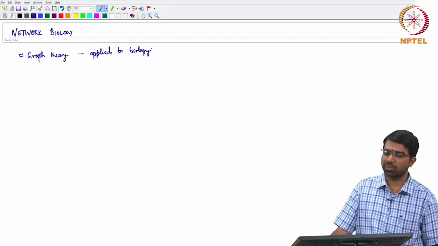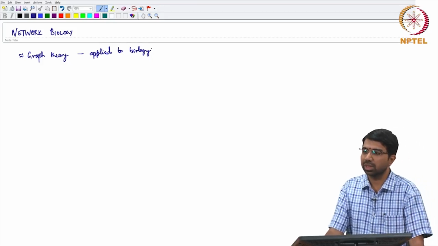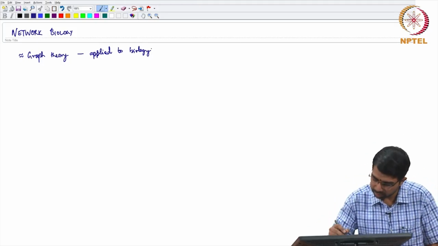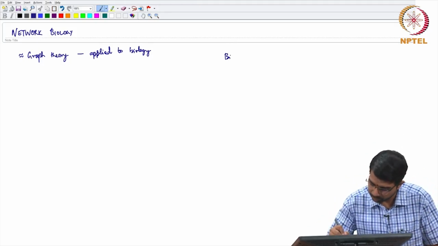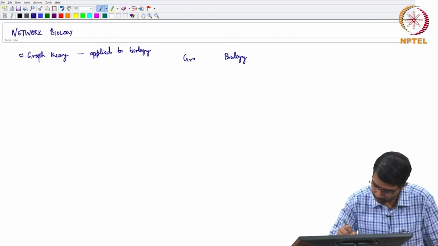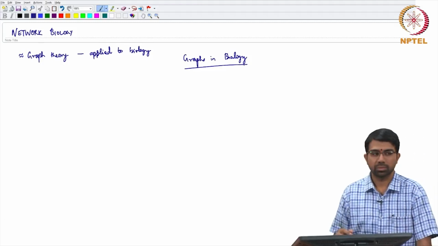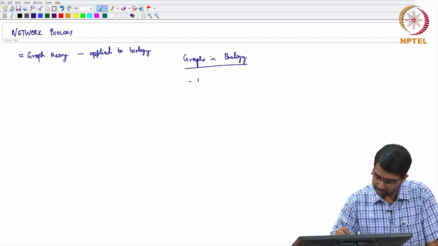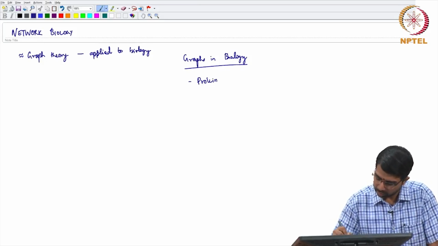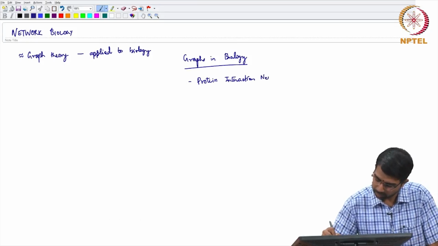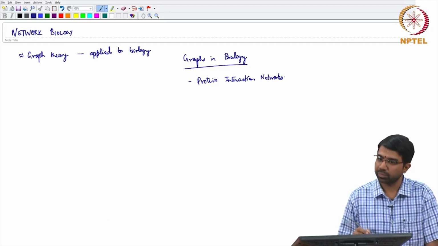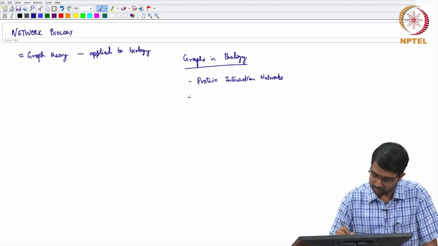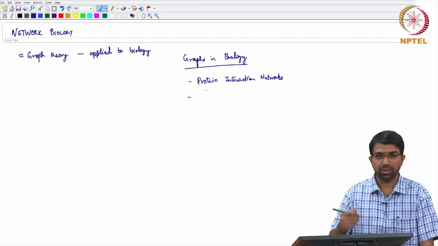Can you give me some examples of problems that map back onto graphs in biology? So, you can have protein interaction networks, so maybe I will start showcasing the problem itself.